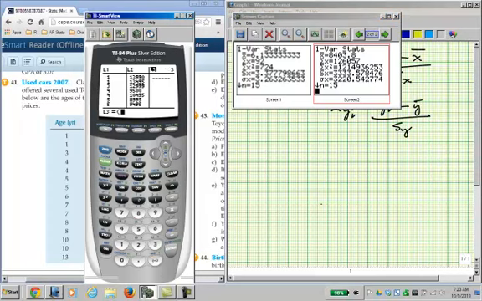I'm going to put in a parenthesis, and I'm going to put in L1 minus 6.13333, close parenthesis, divided by the standard deviation, 3.3777, let's call it 3.377. We can go back and make that an 8. Okay. I hit enter. So now here are all the Z-scores.